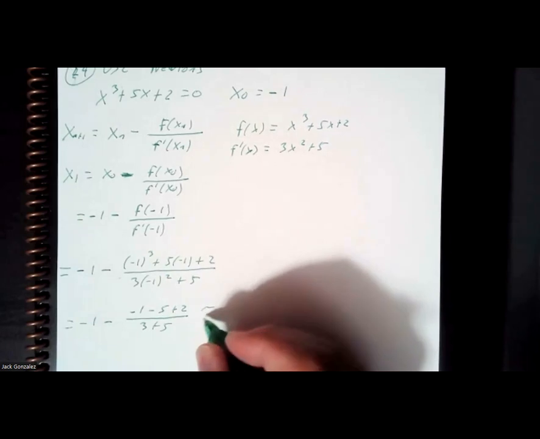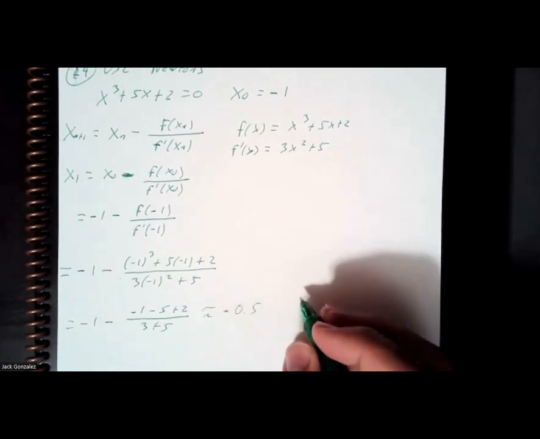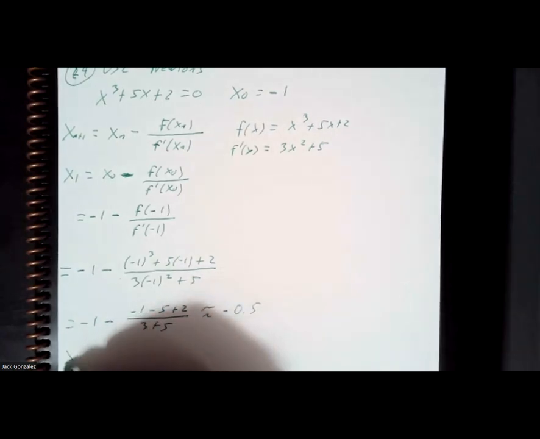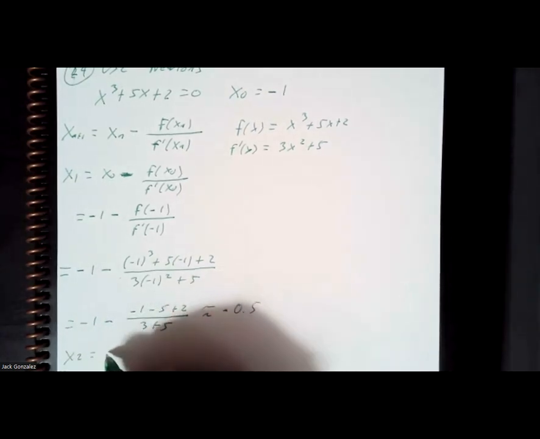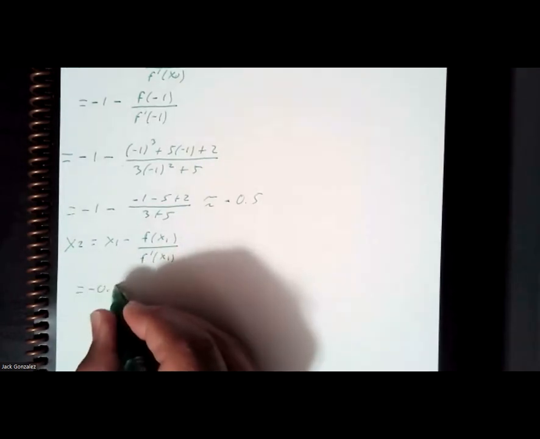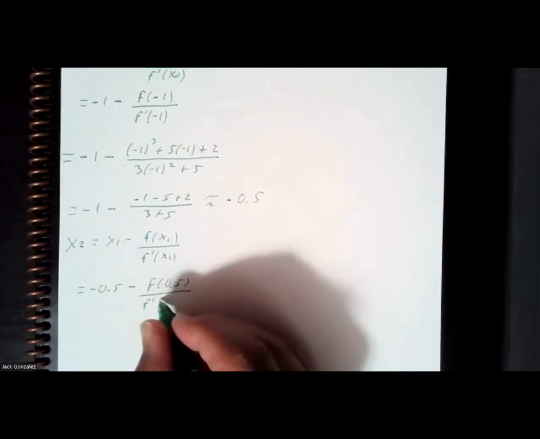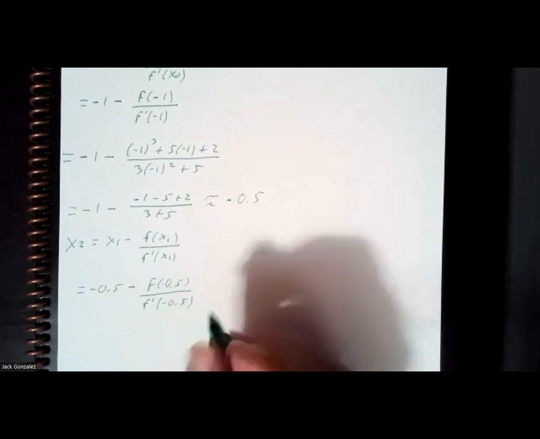So this is -0.5. So there's x1. Now to find x2, you'll have to do x1 minus the function at x1 over the derivative at x1. So x1 would be -0.5 minus the function at negative 0.5, and with the derivative at negative 0.5.